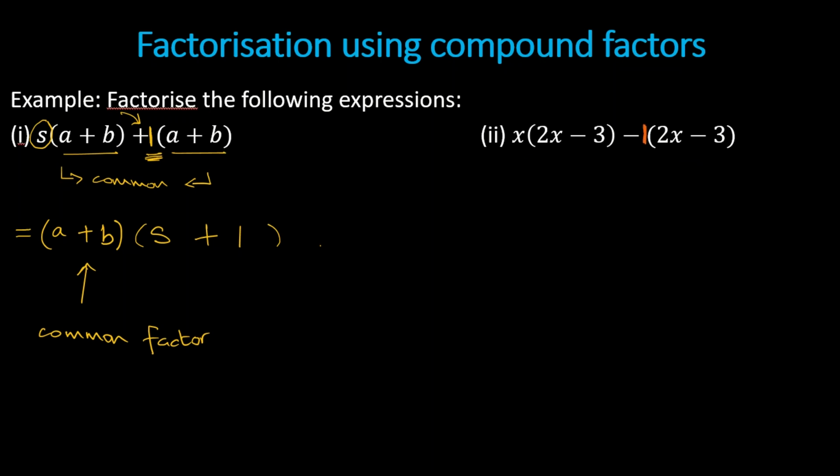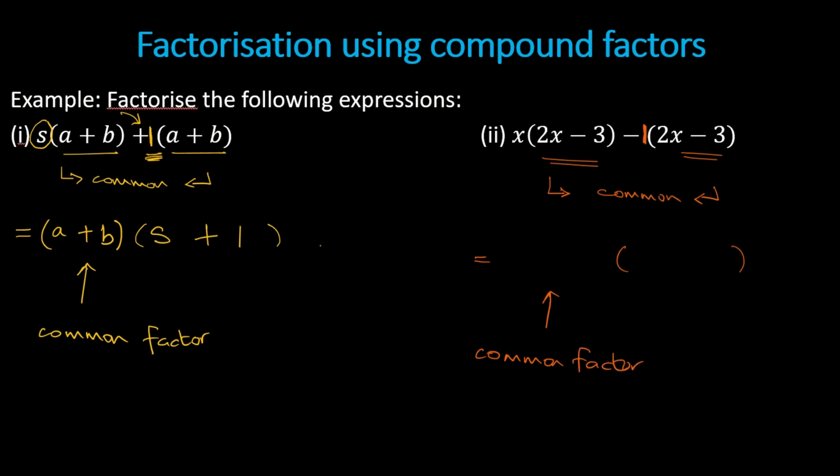We observe that 2x minus 3 has been written twice, so 2x minus 3 is the common factor here. So common factors have to be outside a pair of brackets.